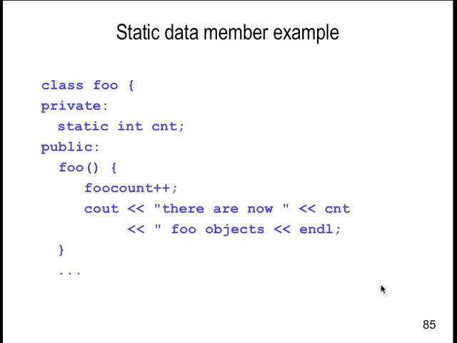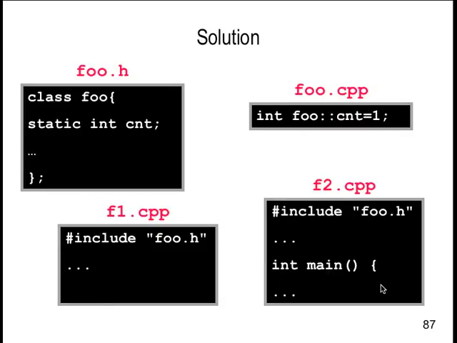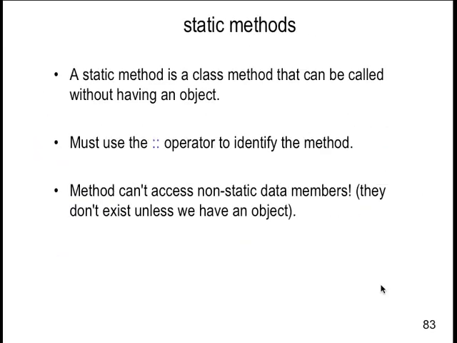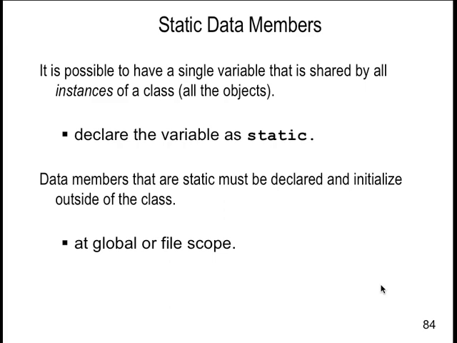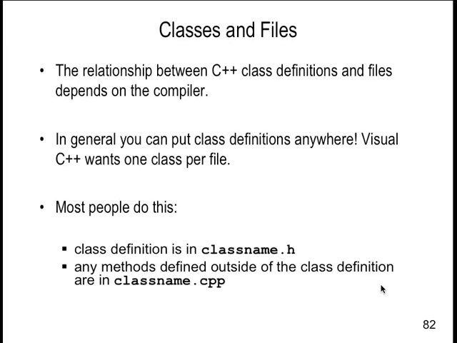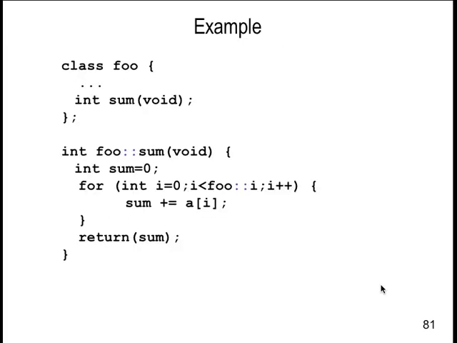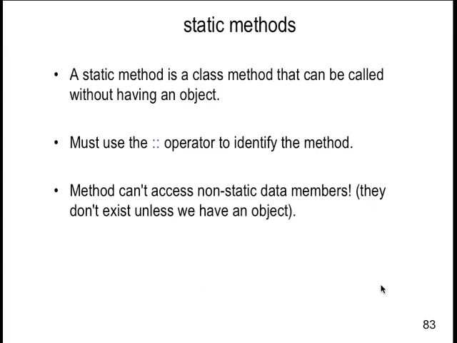You know what? Someone remind me. I'm going to stop at this point because static and class methods deserve more time. And also, I want to talk about operator overloading next time. So I'm going to remember that I stopped on slide number 83.